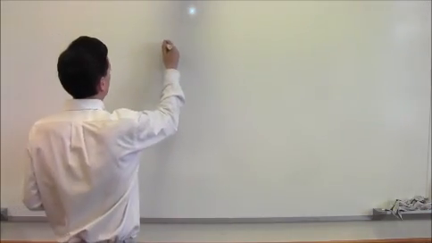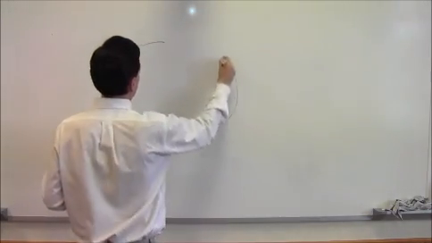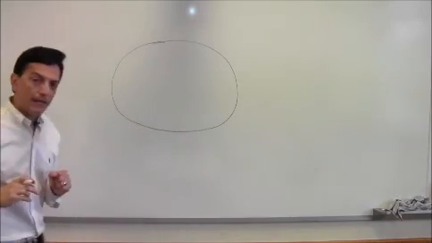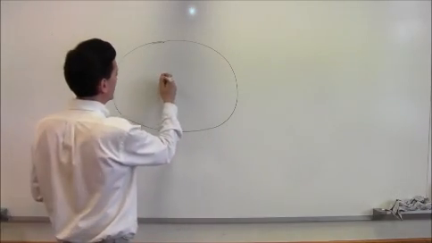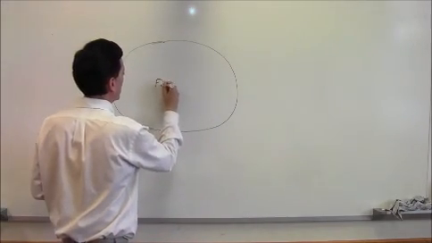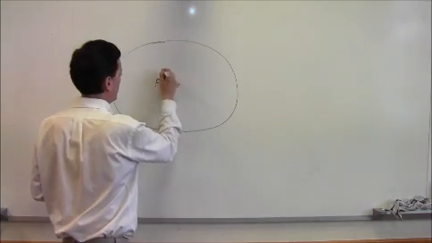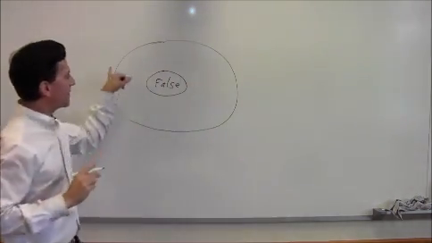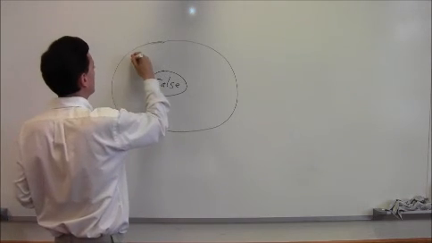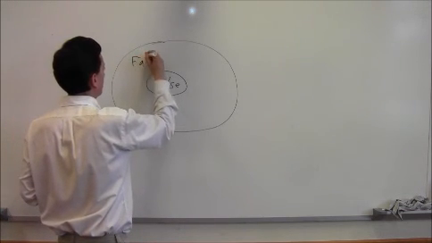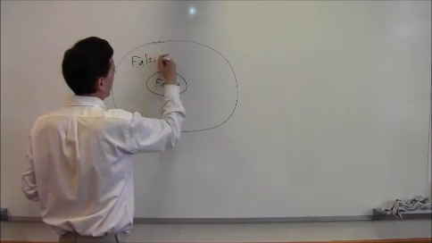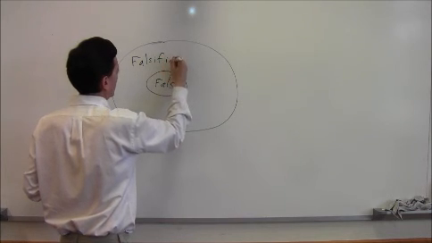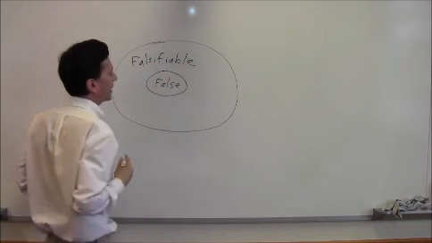And we're going to draw a very large circle. Okay? And what we're going to say is in the center of the circle, we're going to have the word false. And we'll circle that. And then this larger circle will be the circle of falsifiability, or that which is falsifiable.